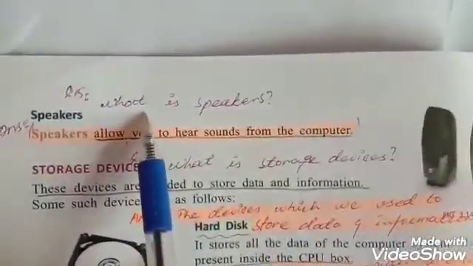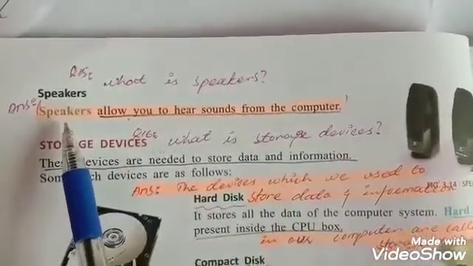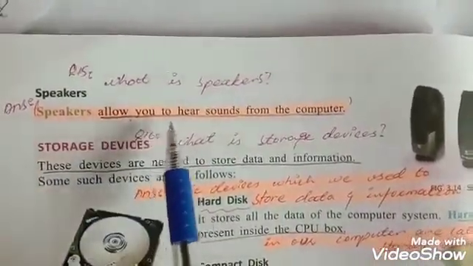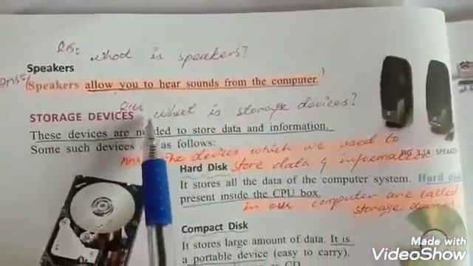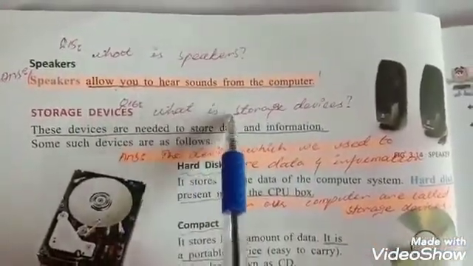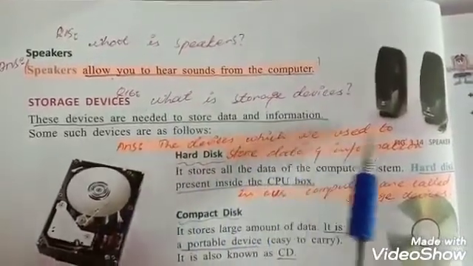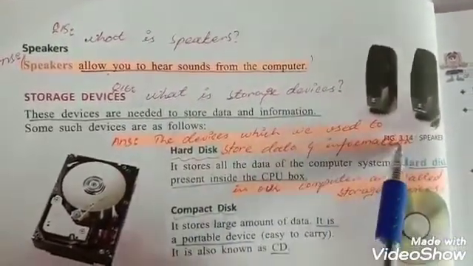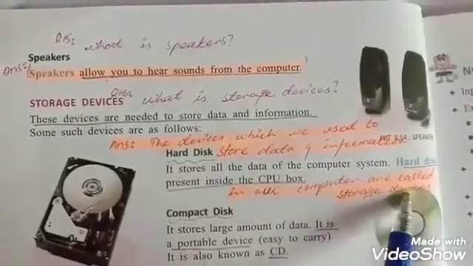Question number 15. What is speaker? Answer: speakers allow you to hear sounds from the computer. Question number 16. What are storage devices? Answer: the devices which we use to store data and information in our computer are called storage devices.